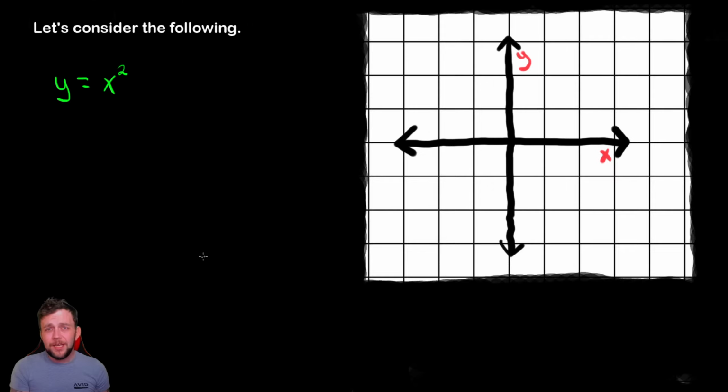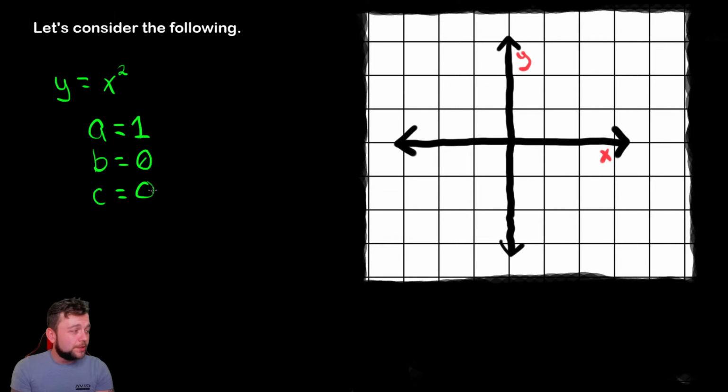It doesn't say anything about b or c. So if you were given this and you were like, oh, what am I supposed to do? What is this? Well, your a value here equals 1. What does your b value equal? Do you see a regular x by itself? It is 0. And then your c value in this quadratic is also 0. You just don't write those out, okay?